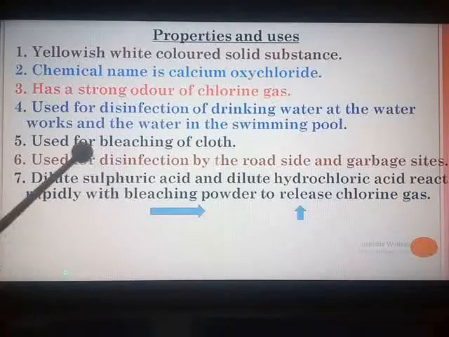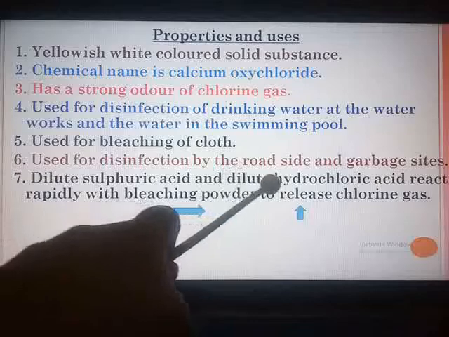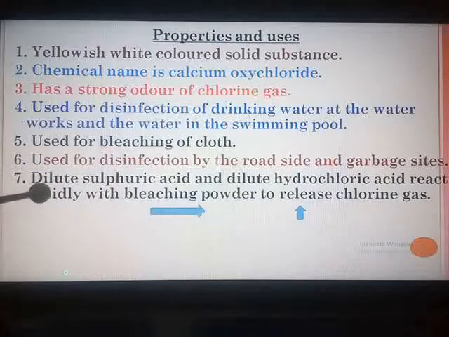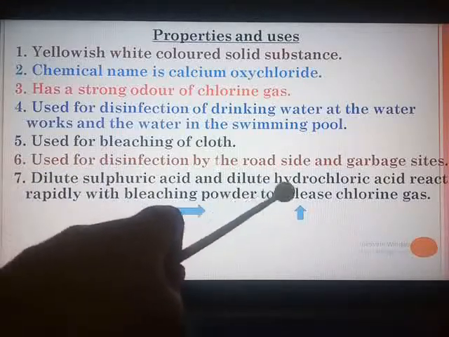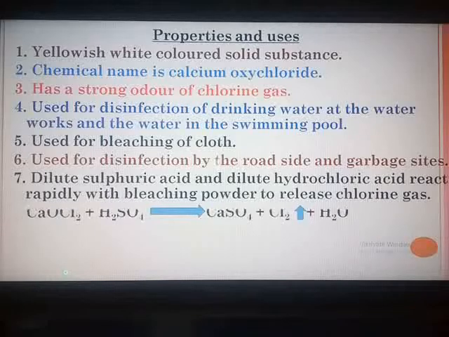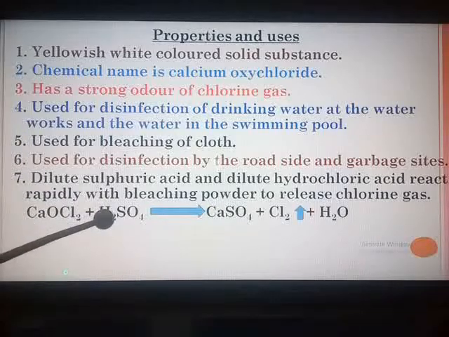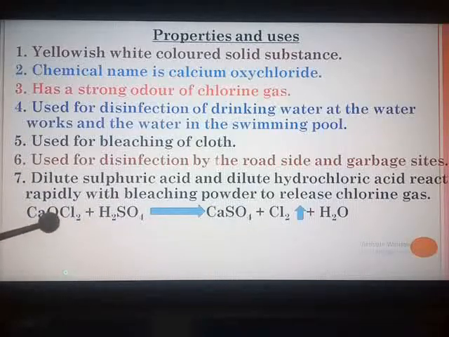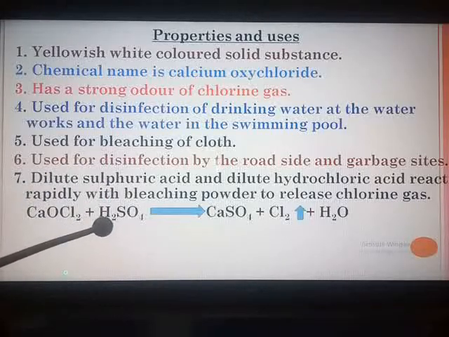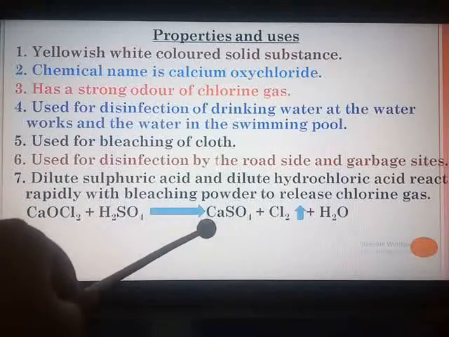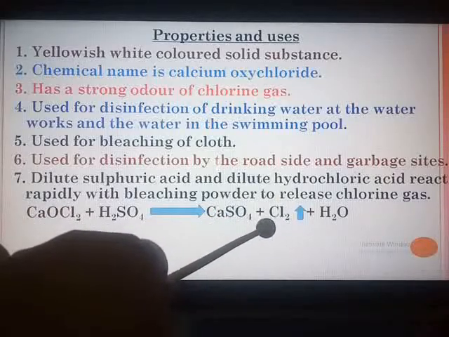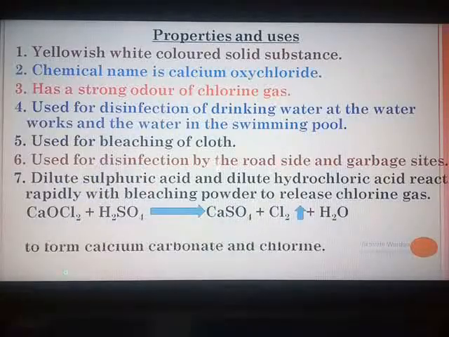Now about the chemical properties. Dilute sulfuric acid and dilute hydrochloric acid react rapidly with bleaching powder to release chlorine gas. One of the reactions you will see is with sulfuric acid: CaOCl2, that is calcium oxychloride, when treated with sulfuric acid gives calcium sulfate, with the liberation of chlorine gas and water.